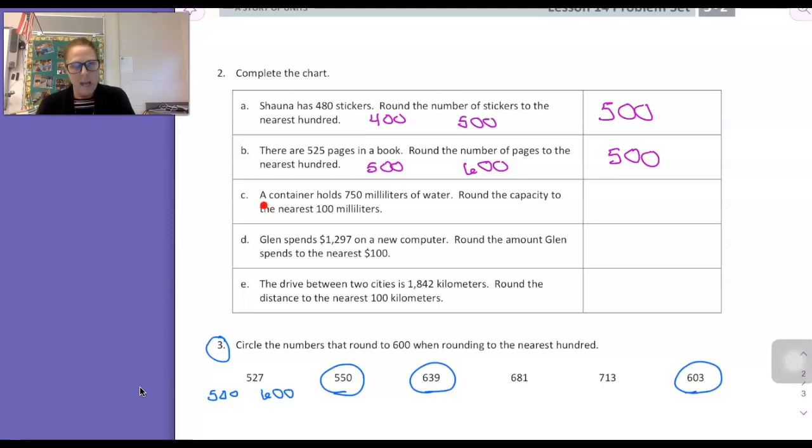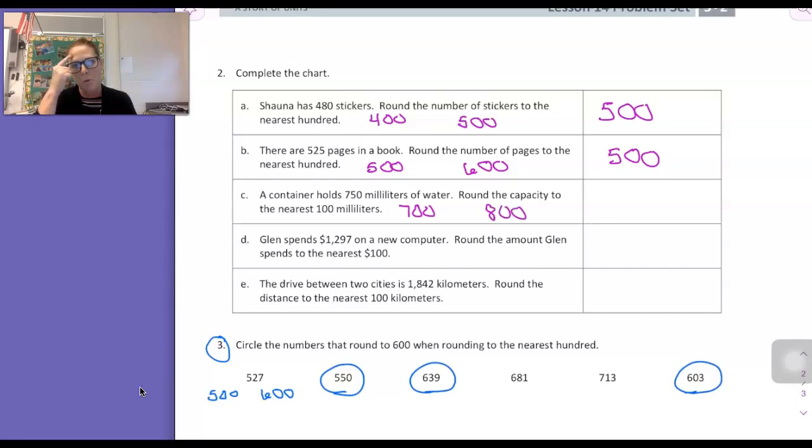Next. A container holds 750 milliliters of water. Round the capacity to the nearest 100 milliliters. So we're still rounding to the nearest 100. We just have a unit that goes with it. So 700 comes before 750. The next one would be 800.